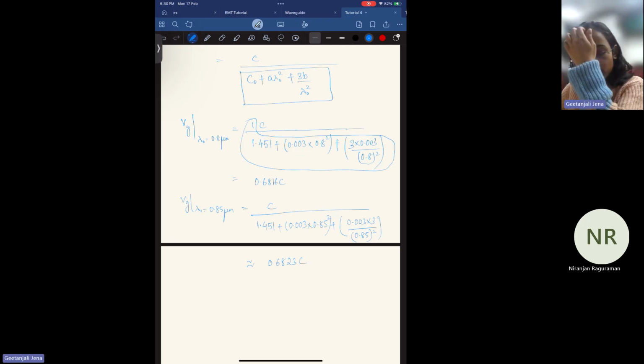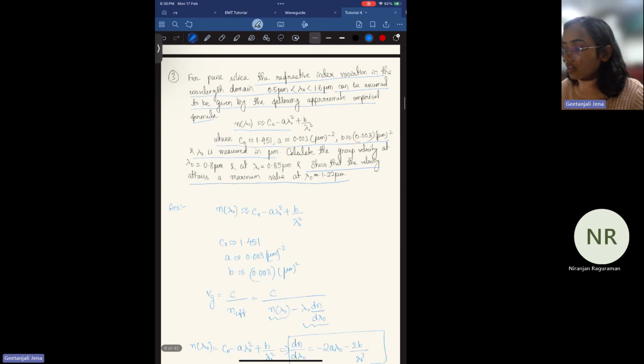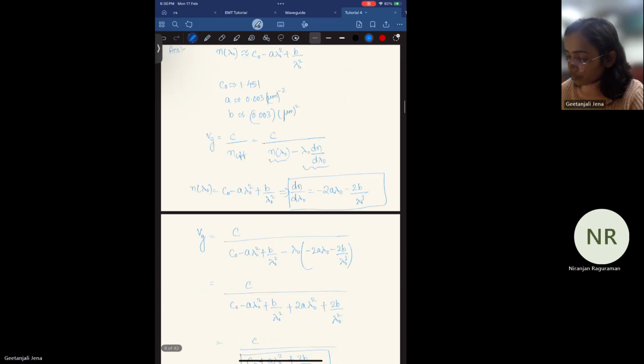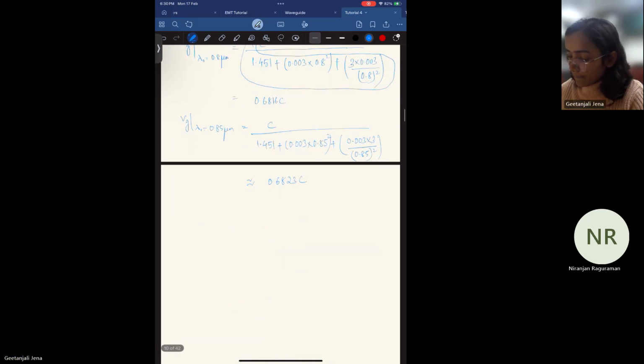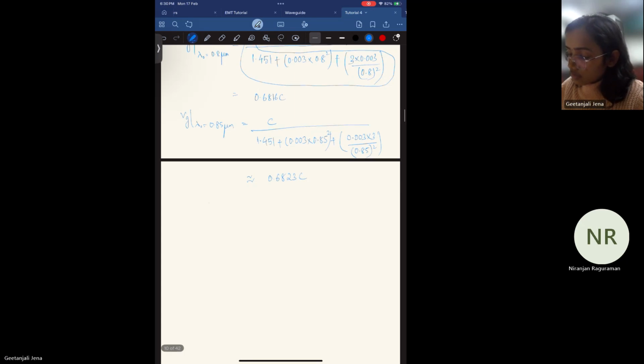Okay. And the next part was asking what is the wavelength so that the velocity attains a maximum value, at lambda 0 of 1.32 micrometer. If you recall, tau is given by L by BAC.